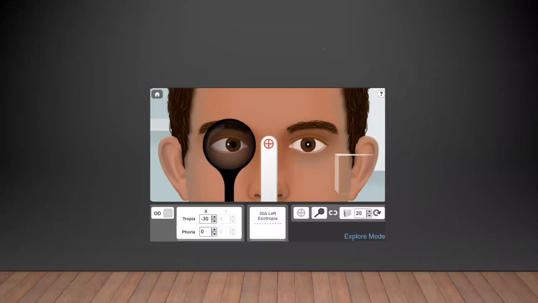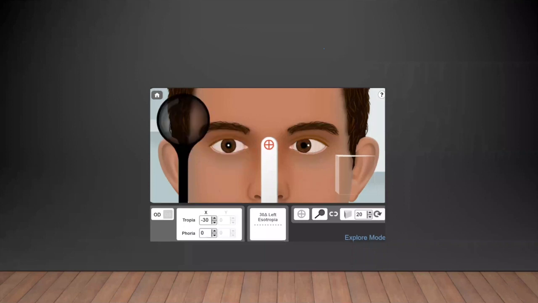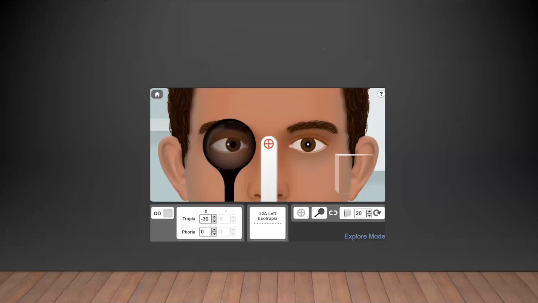And when I remove the cover from the right eye again, what is happening? The right eye fixes. Correct. So in this case, when I am covering the apparently fixing right eye, the left eye moves from in to out.